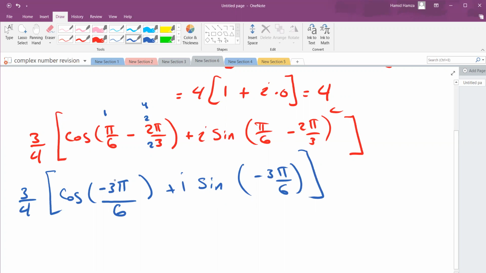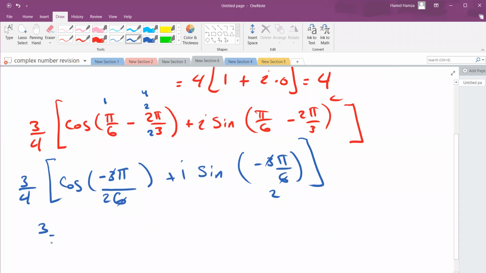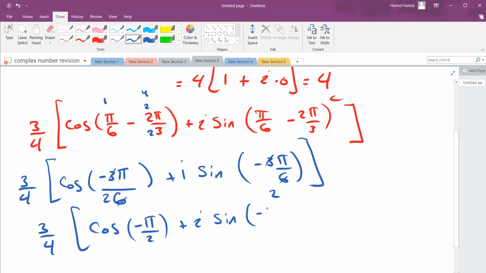So we cancel 3 with 6, it will be 2. So 3 over 4 cosine negative pi over 2 plus i sine negative pi over 2.